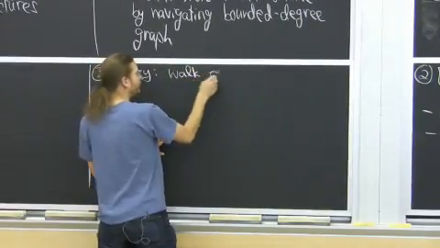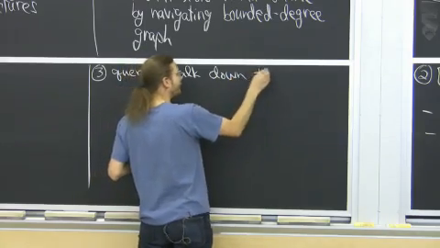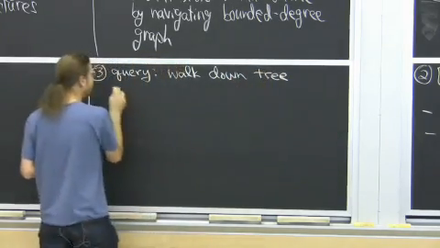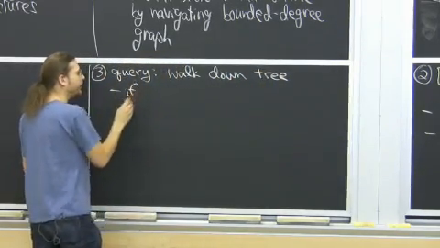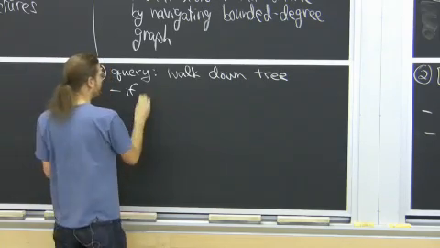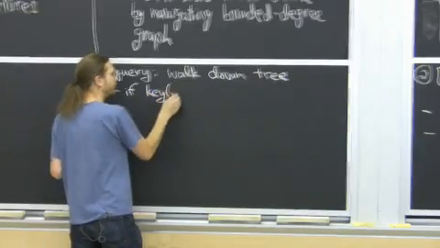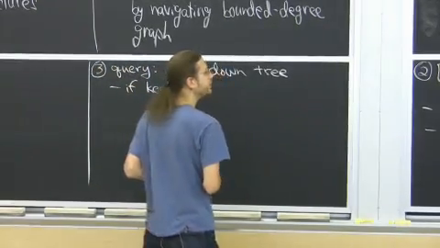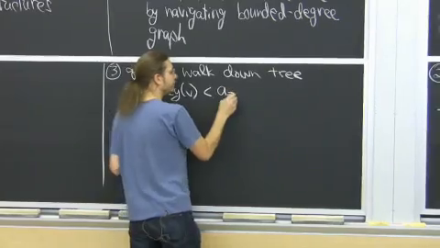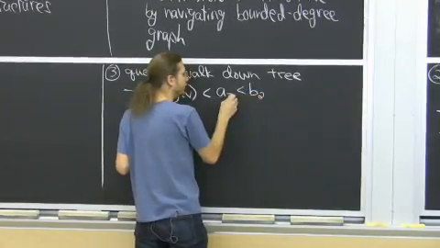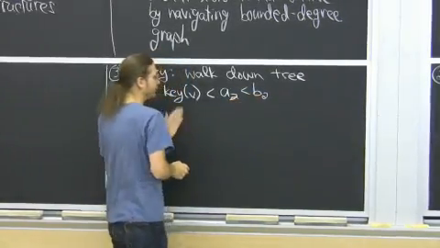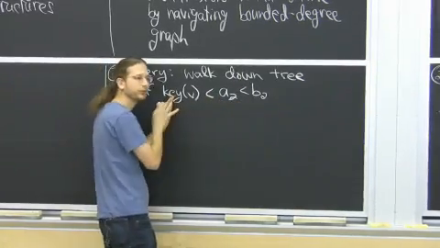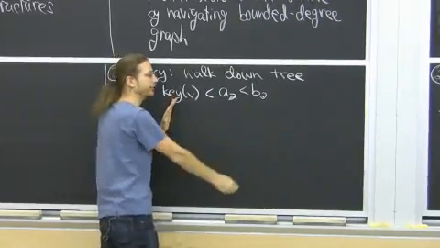And you just say, once I say walk down the tree, it's pretty clear what you have to do. When you visit a node, if the key of the node is less than what we're searching for, A2, B2, so A2 is less than B2, and if the key of the node is to the left, that means the stuff we're interested in is to the right.